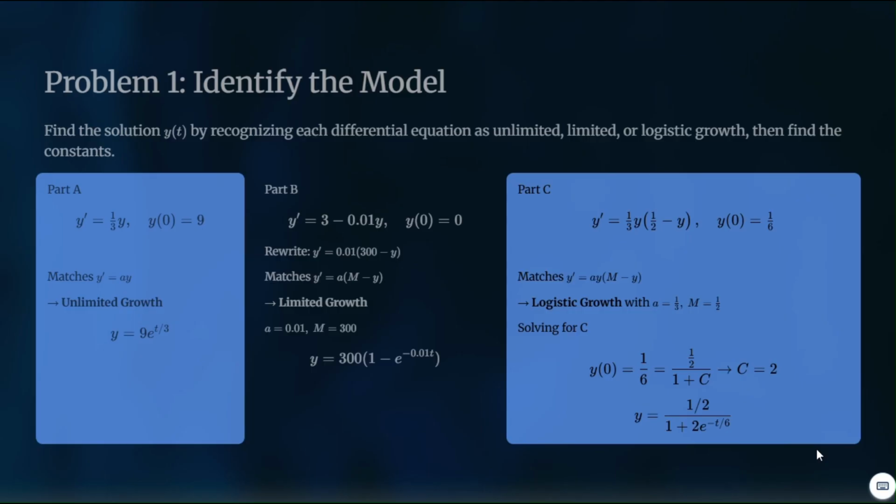So since m is 1/2, we can multiply both sides by 1 plus c and divide both sides by 1/6. So 1/2 divided by 1/6 is 3. Therefore, c will be equal to 2. So our final solution will be y equals 1/2 over 1 plus 2 e to the power negative t over 6.